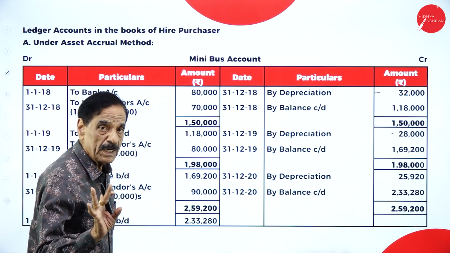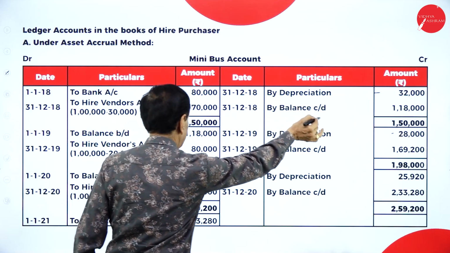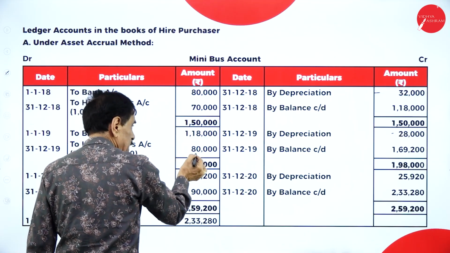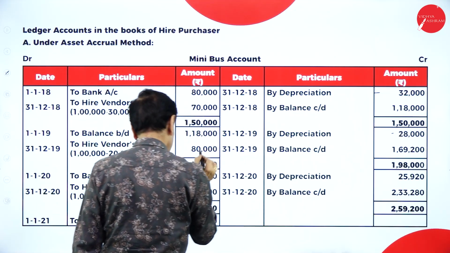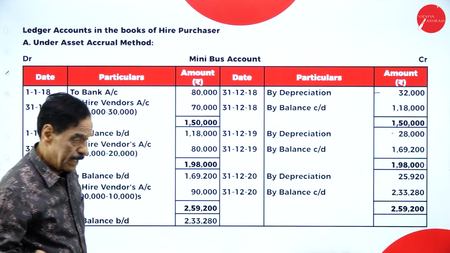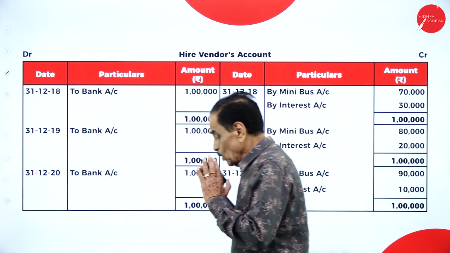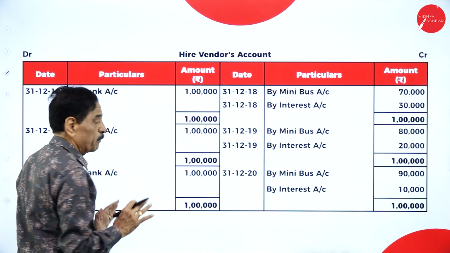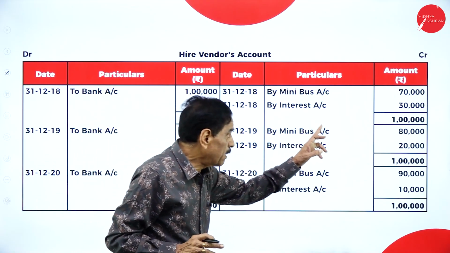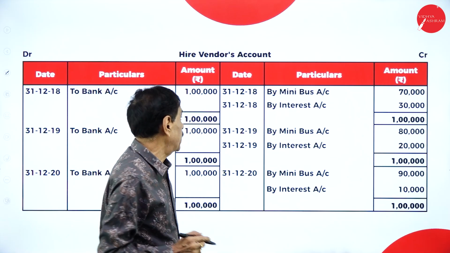The procedure under this method is: first the down payment, then cost price, cash price, depreciation, balance. Interest will be omitted. Under accrual method, in the hire vendor account, how much are you going to pay? 1 lakh rupees. The 1 lakh includes 70,000 cash price of the minibus and interest 30,000.